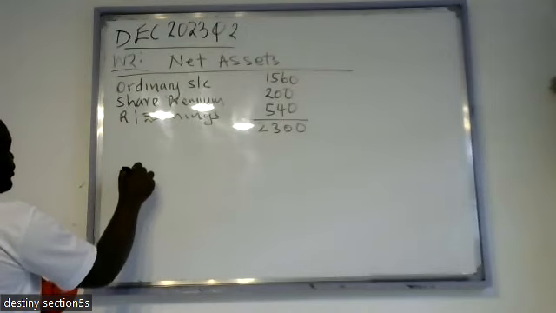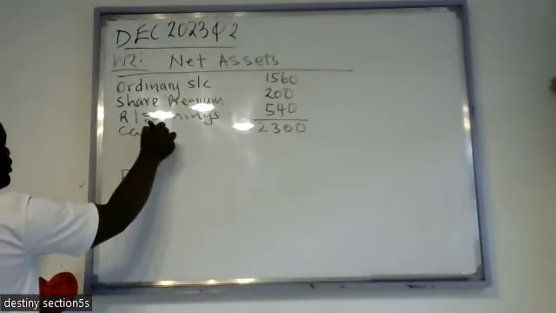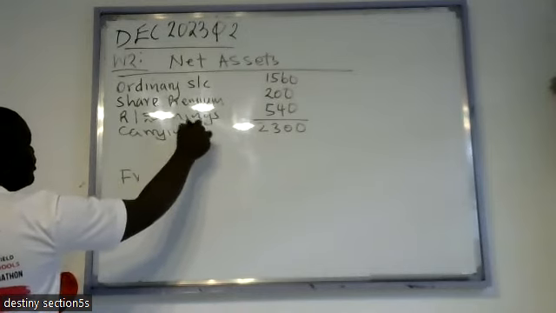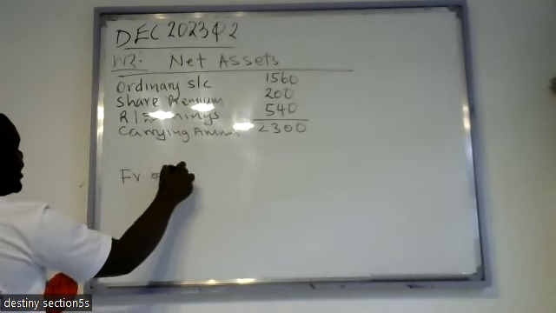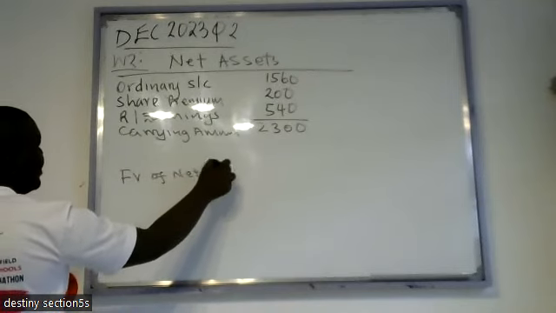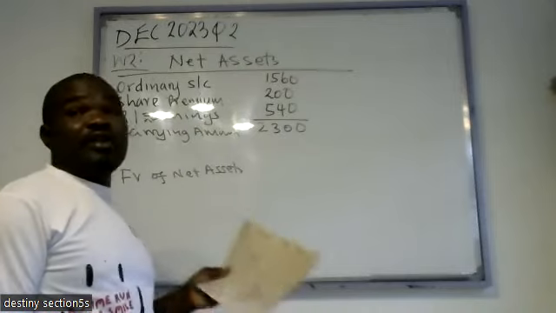Fair value. So this is the book value. This is the carrying amount. While the fair value of net assets on the same date, they say 27.